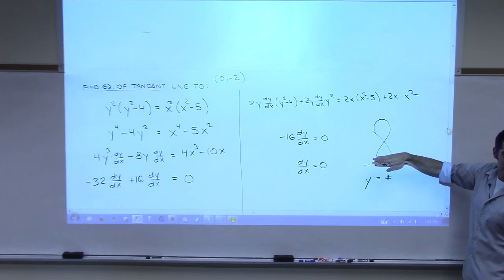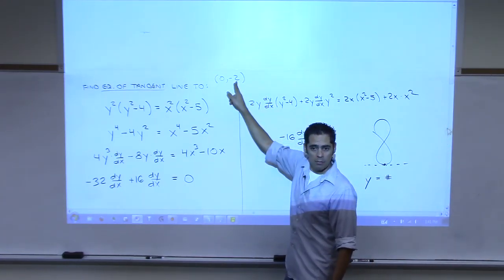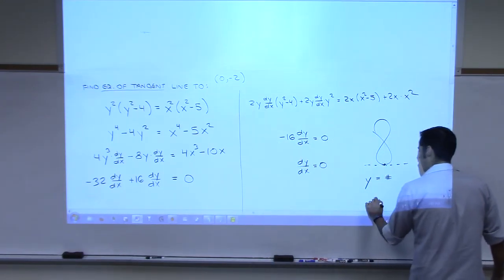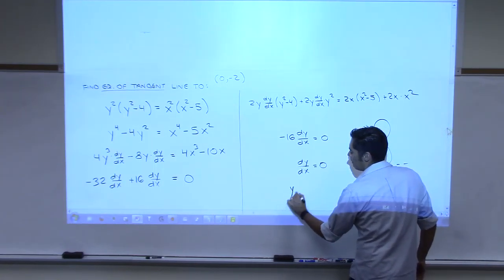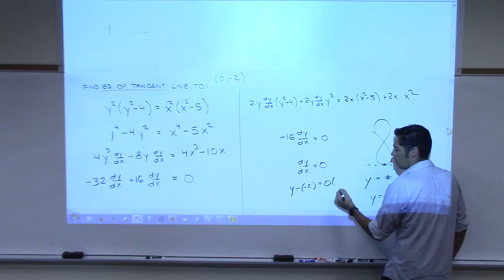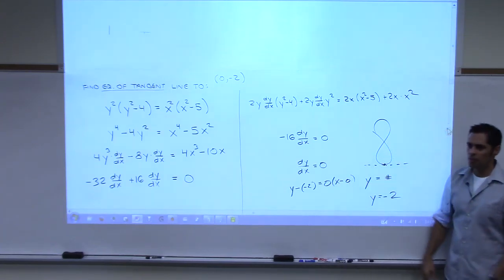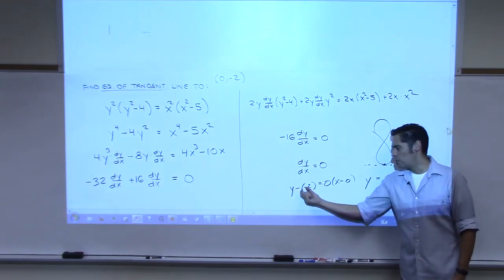What is the y value of that line? Negative 2, right? So y is negative 2. Now you could have used the formula y minus y1 equals m times x minus 0, where the slope m is 0. If you just do this, you get y plus 2 equals 0, so y is negative 2. You just move that over to the other side.